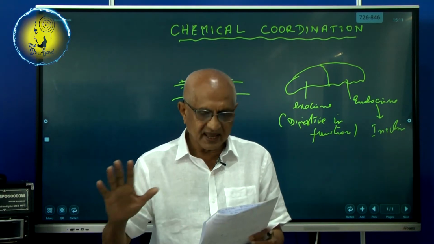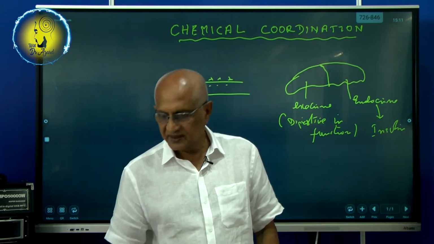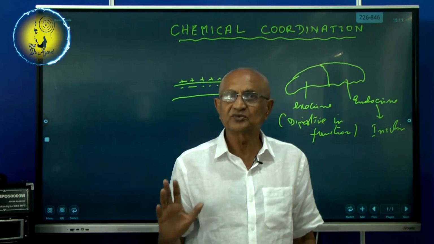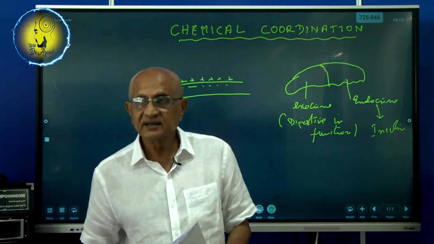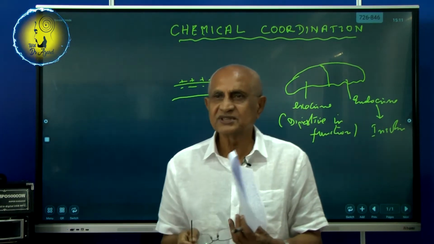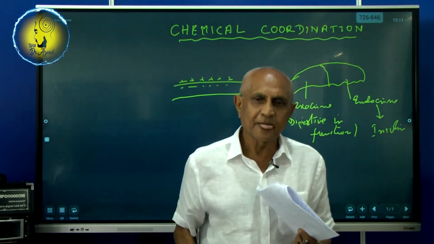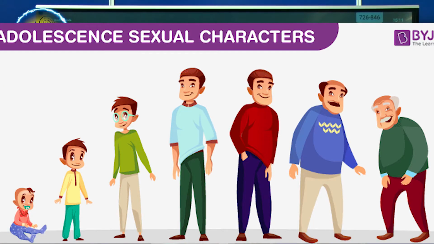Then the response is short-lived. You touch the hot object, you take your hand out, then your response is over. In the case of endocrine glands, the response is longer lasting. Now for a young person, if their testosterone is growing, your testes are growing, then you begin to mature.